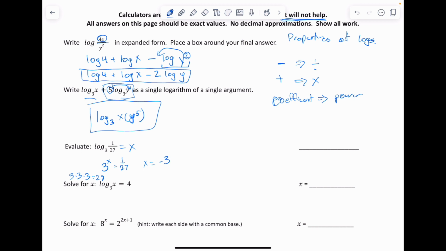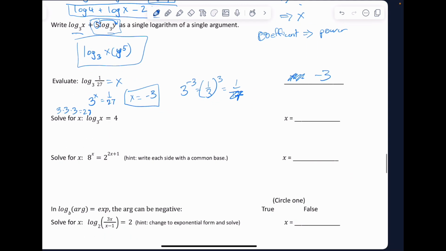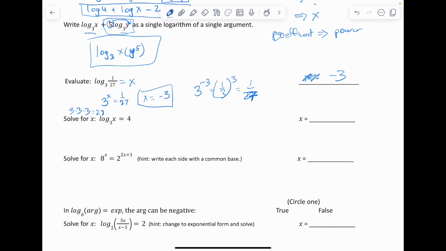You can check this: 3 to the negative 3 gives you 1 over 3 times 3 times 3, which is 1 over 27. So my answer is just negative 3.